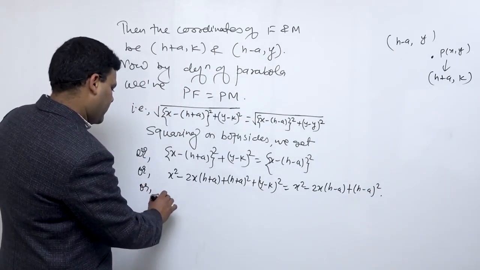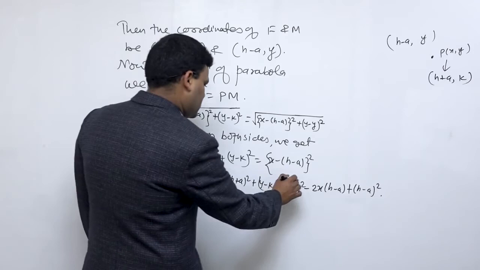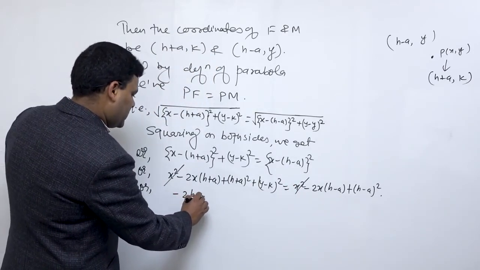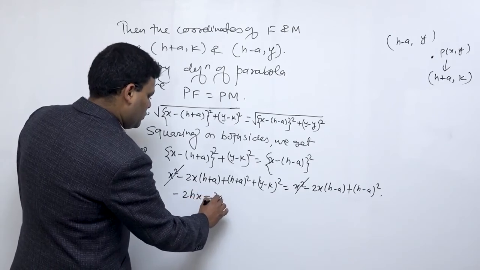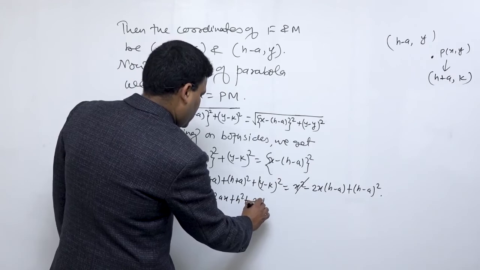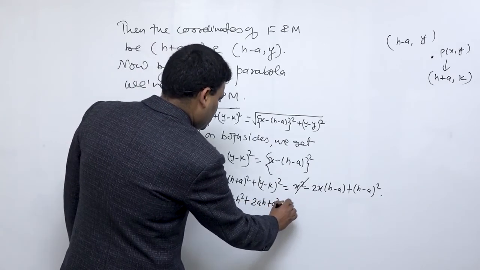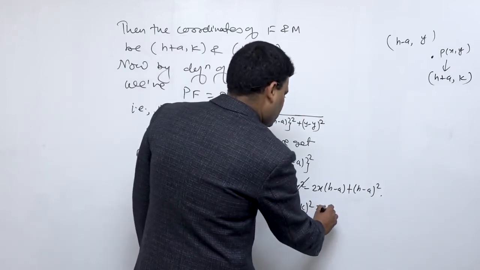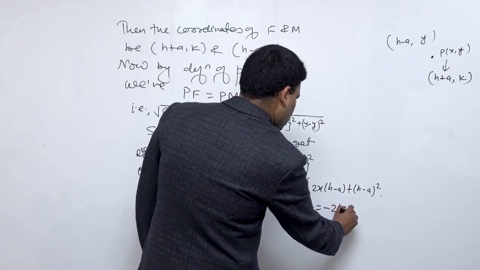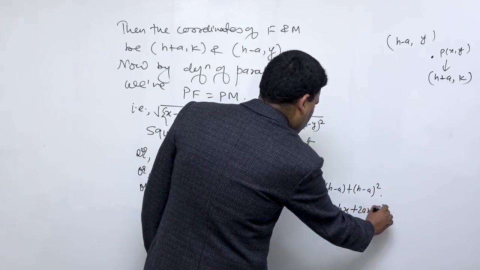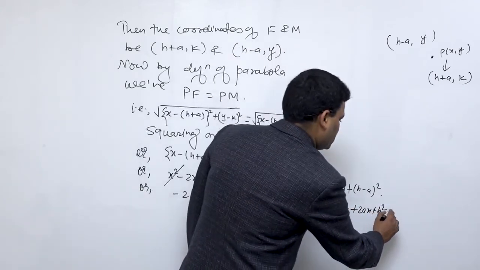The x square cancels, so we have minus 2hx minus 2ax plus h square plus 2ah plus a square plus (y minus k) whole square equals minus 2hx plus 2ax plus h square minus 2ah plus a square.